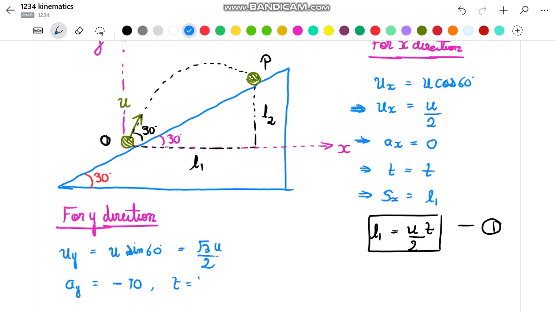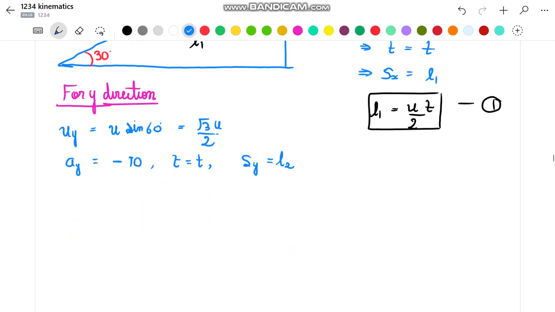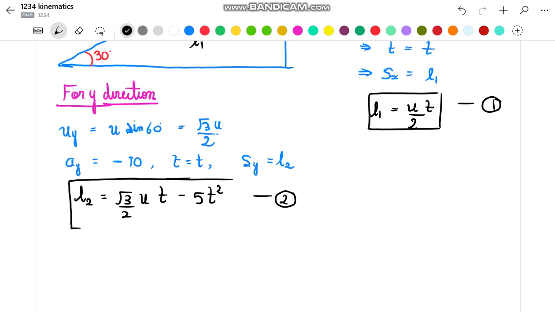When time is equal to t, the displacement in y direction is equal to L2. So again applying second equation for y direction, the value of L2 will be equal to root 3 u by 2 t minus 5t square. Let us call this equation number 2.